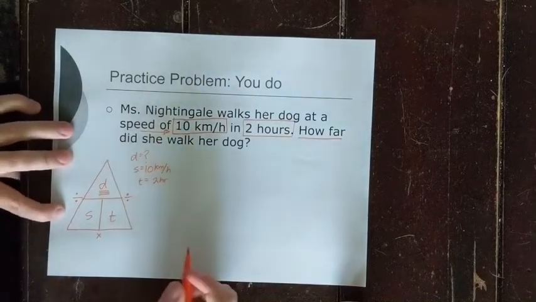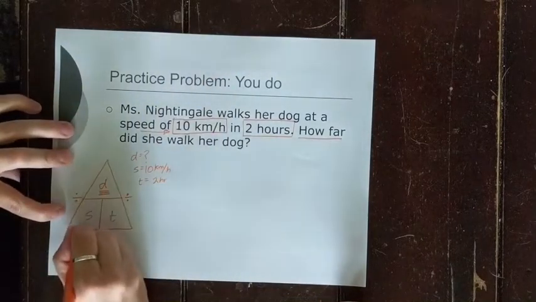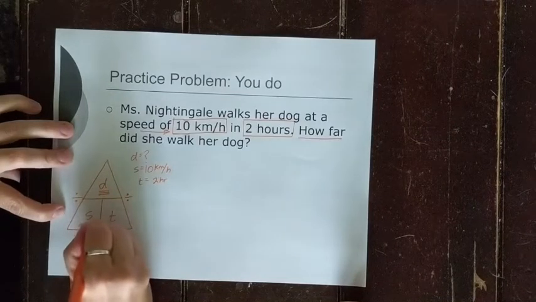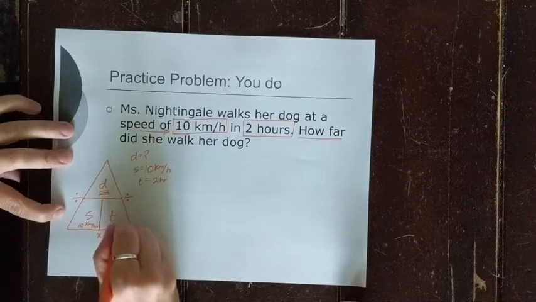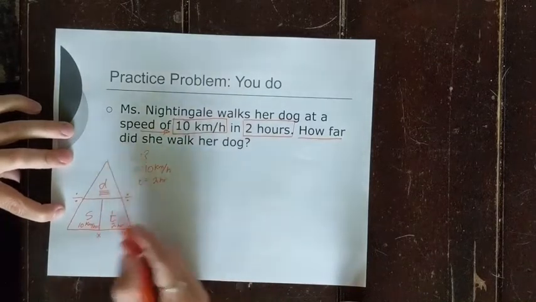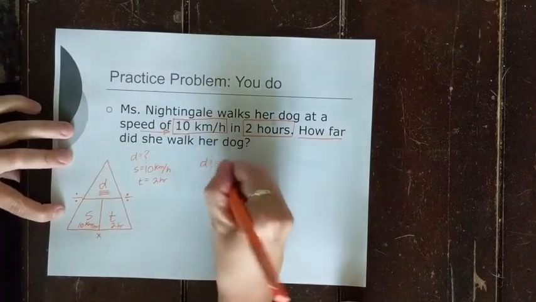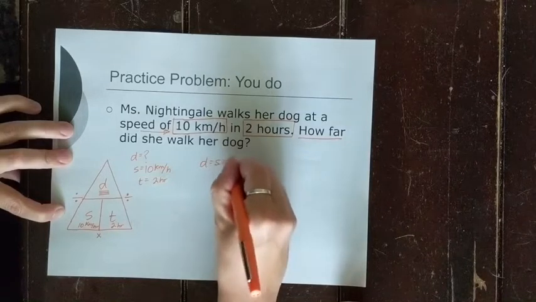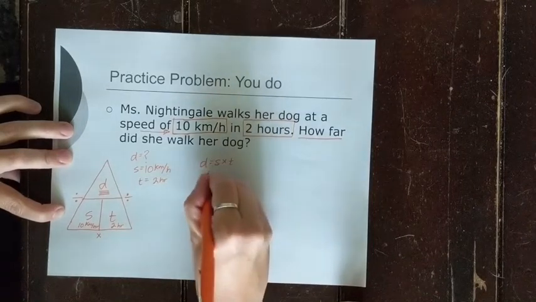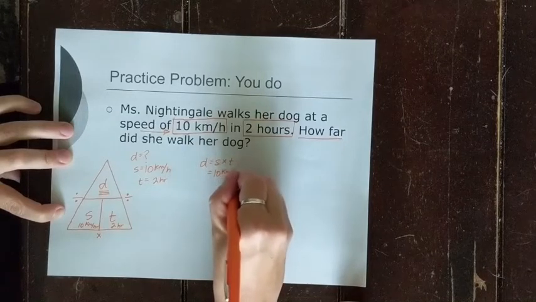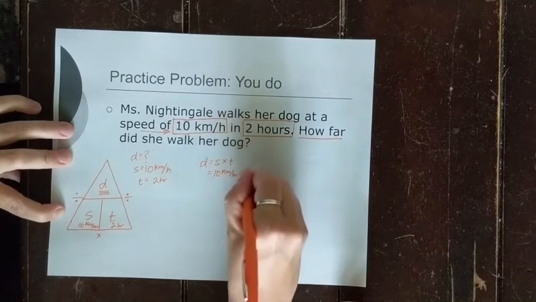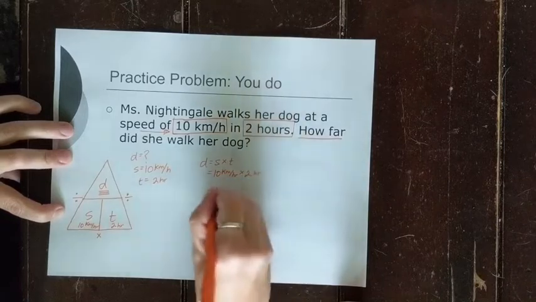Because of this magic triangle, I know that my speed is 10 kilometers per hour, and I know that my time is 2 hours. So I can use this triangle to show me that distance is equal to speed times time. So if I multiply that all out, it's 10 kilometers per hour times 2 hours.